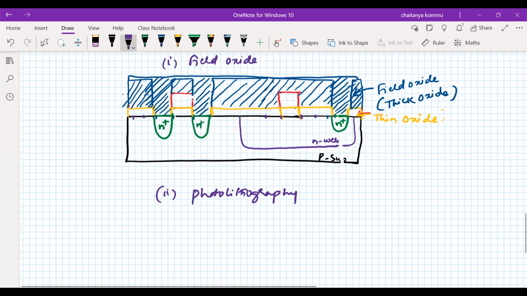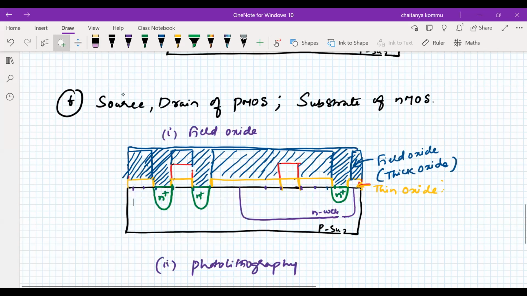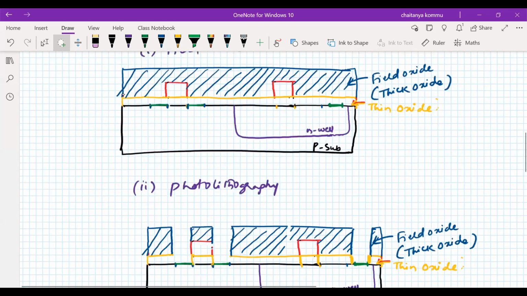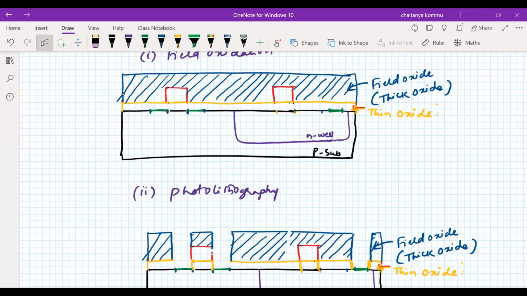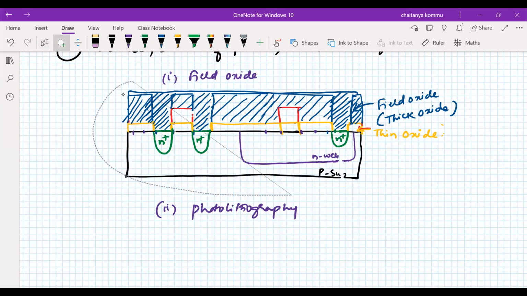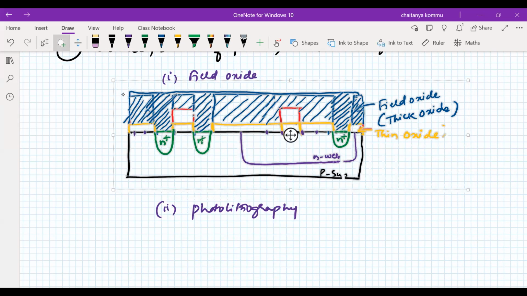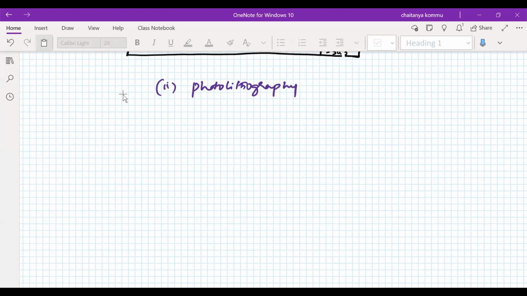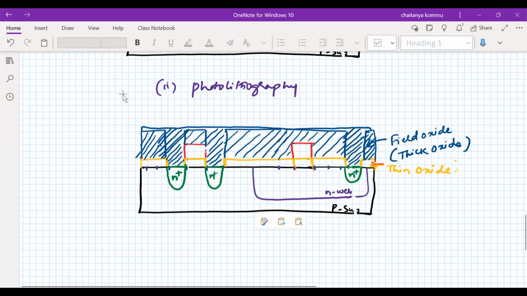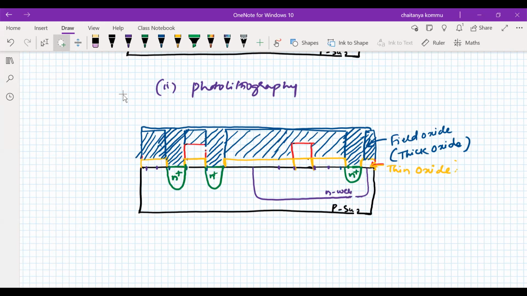Therefore, again I'm going to copy this portion. Okay, I'll copy this and paste it here. I want to remove it selectively with the help of photolithography and hydrofluoric solution.